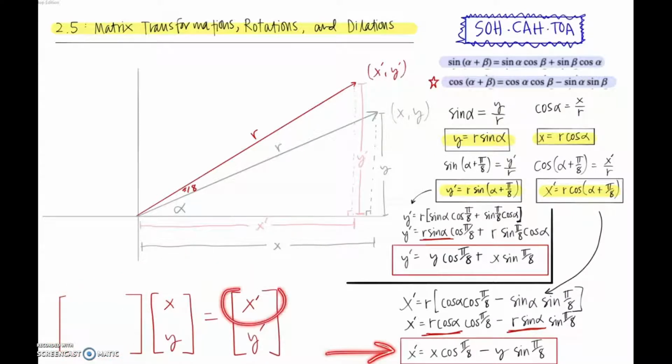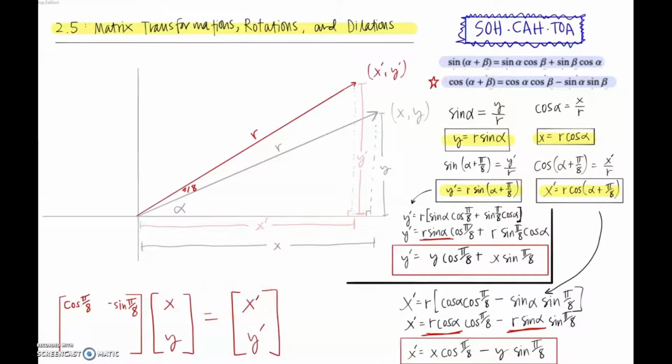I know that x prime comes from this times cosine pi eighths minus this times sine pi eighths. So what if I do something like put cosine pi eighths right here, and then maybe a negative sine pi eighths right here? Let's see what that would give me in the multiplication. I'd have x times cosine pi eighths plus y times negative sine pi eighths equals x prime.